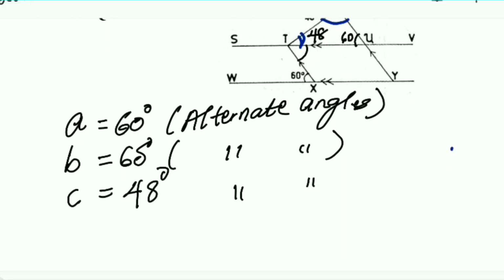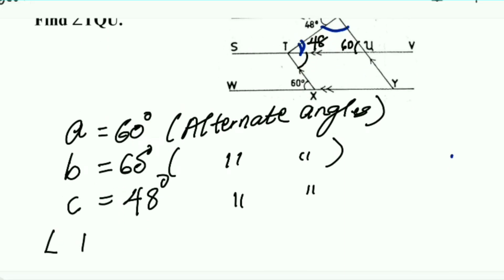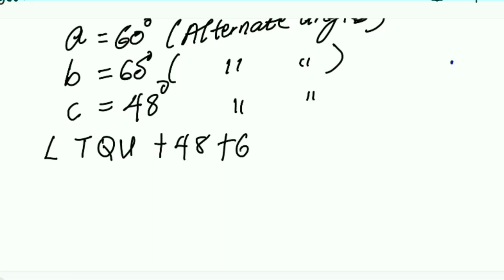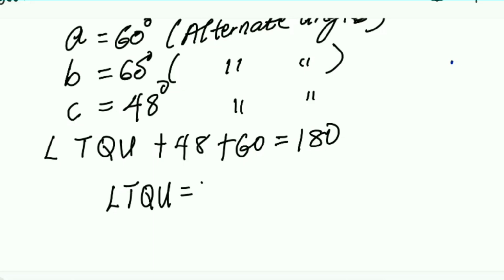I would say that angle TQU plus 48 plus 60. Remember, sum of angles in a triangle is equal to 180 degrees. So angle TQU equals 180 minus 60 minus 48. And so the value of 180 minus 60 minus 48 is 72 degrees.